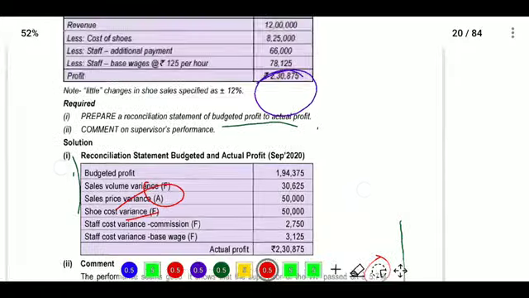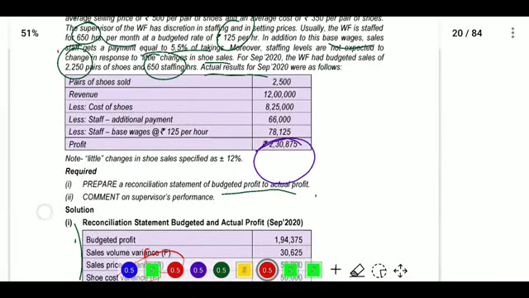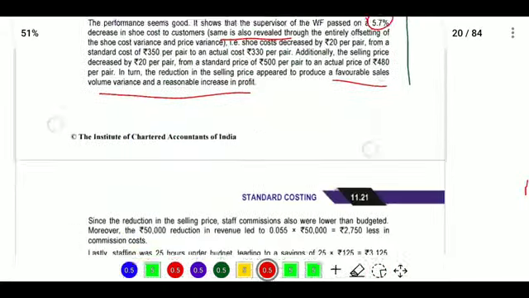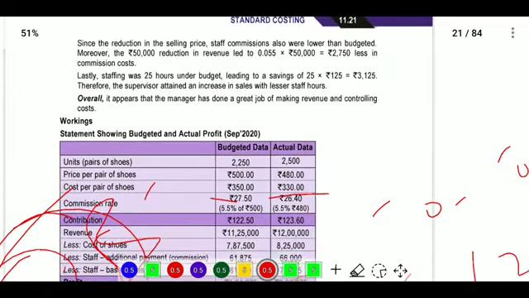So our sales volume was increased. How much volume was increased? Here we will see. Budgeted was 2250, but volume increased to 2500. Our selling price was decreased, but we increased the quantity, which is normal.